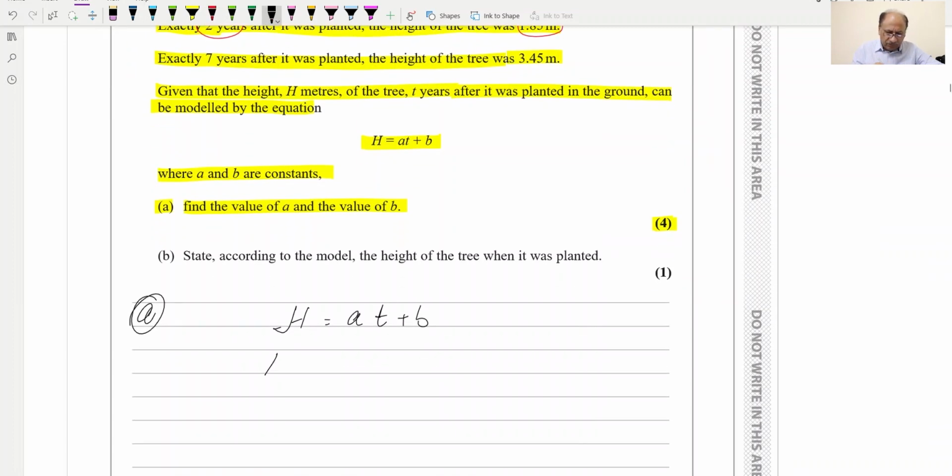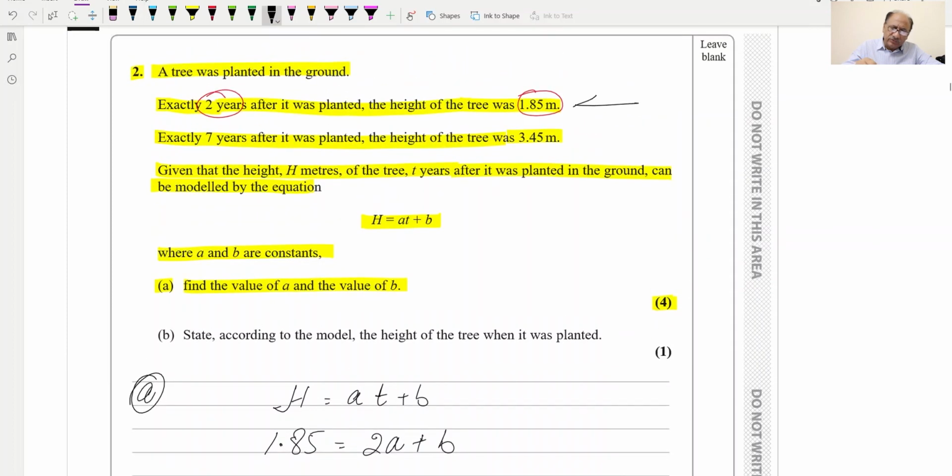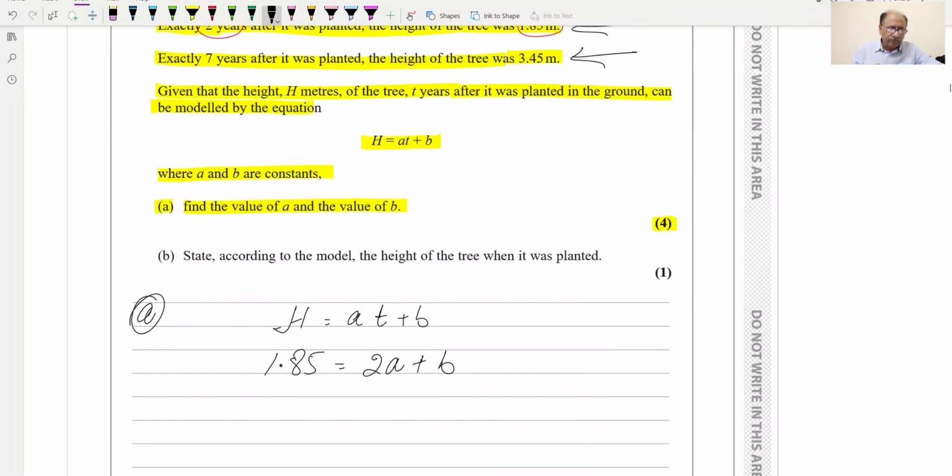Height is 1.85 and time duration is 2 years. So 2a plus b we can write over here, and this is basically how we have used this statement. Now we can use the second statement, which is after 7 years. After 7 years, the height will be 3.45.